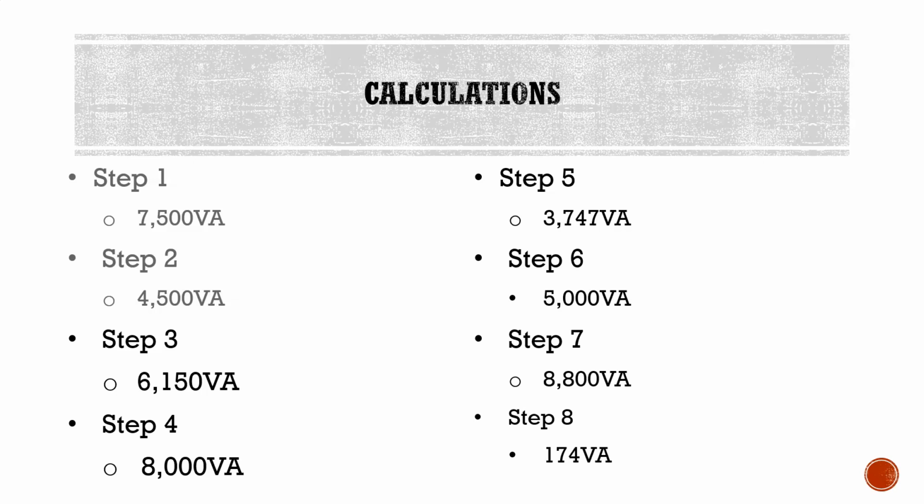However, in the context of the code, that 75% is equivalent to the 100% due to it being a demand factor. So even though technically we only have 75% in as far as the code's concerned, we have 100% of the required amount of load in step number 5. So once again, we only need the additional 25% for step number 8.